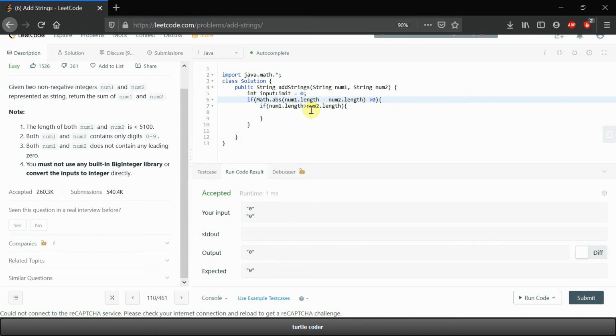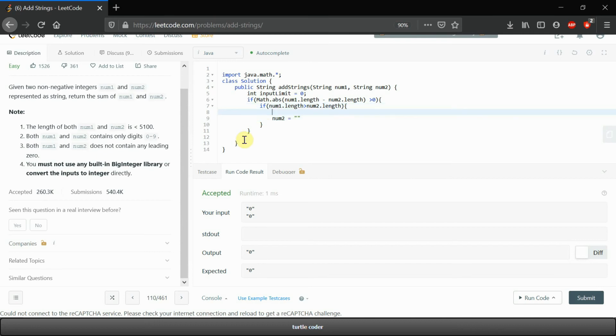So in our first example, the first string had 10 characters and the second string had 2 characters, so the absolute difference would be 8. I have to add 8 characters to the smaller string, and I have to add those zeros as leading zeros, not as ending zeros. So if my num1 is greater than num2, I have to add some leading zeros to num2, and how many leading zeros, that I'm not sure.